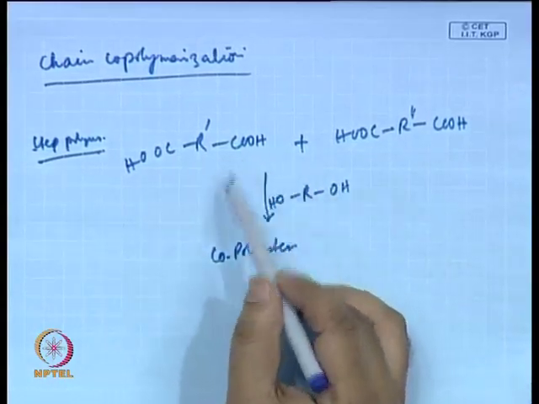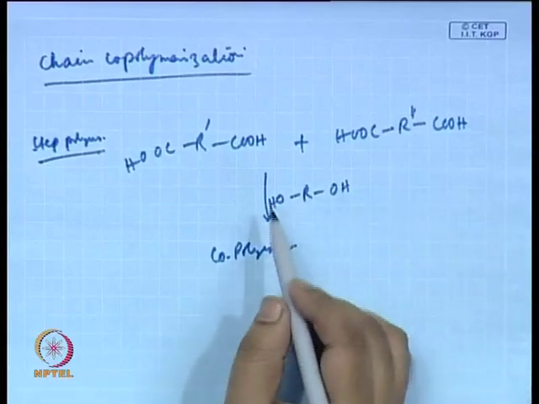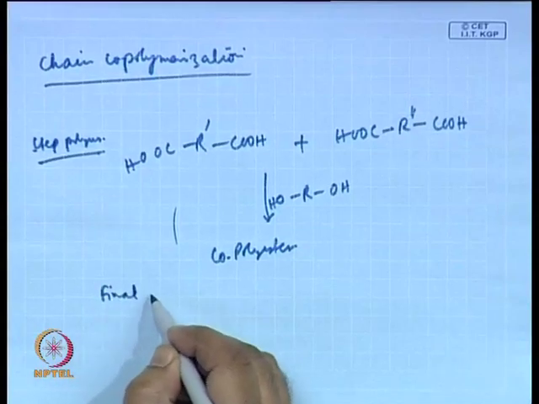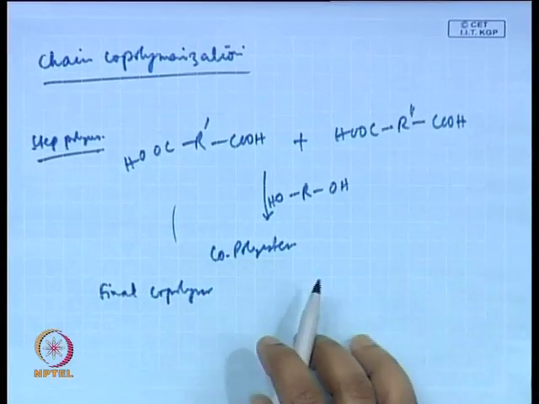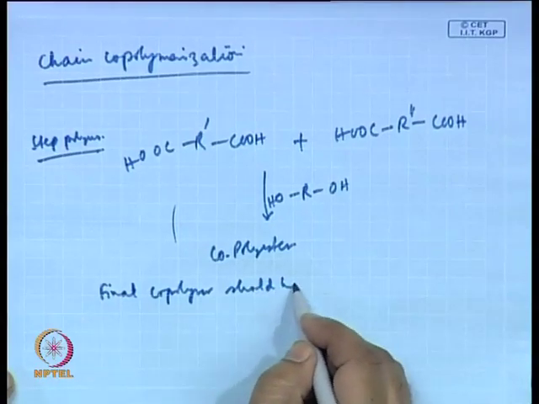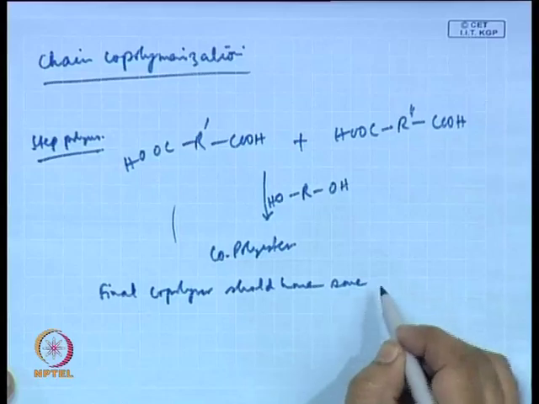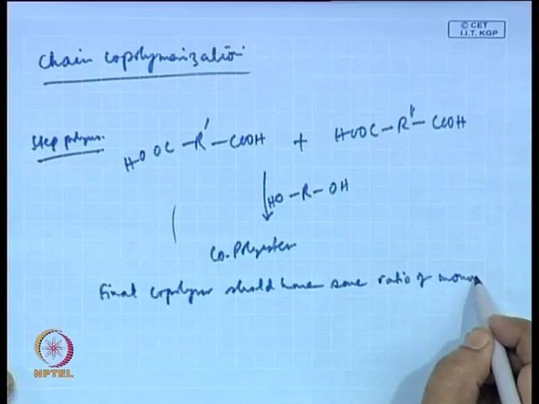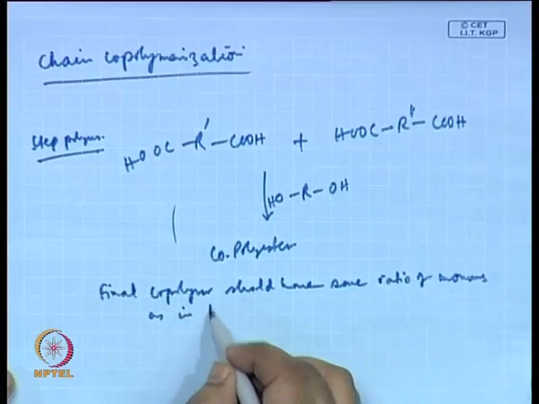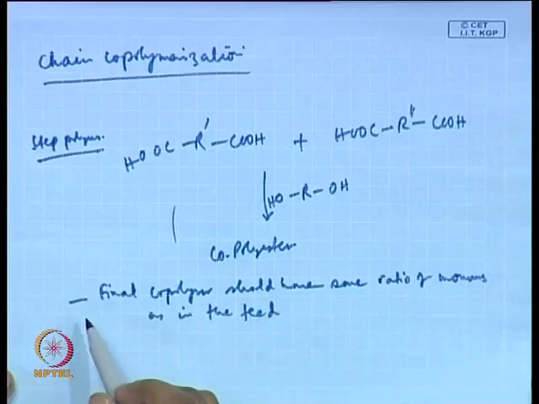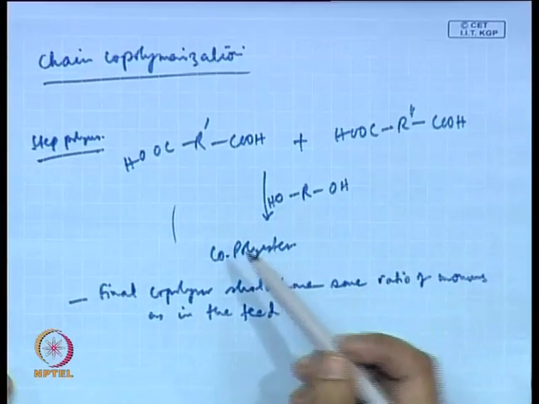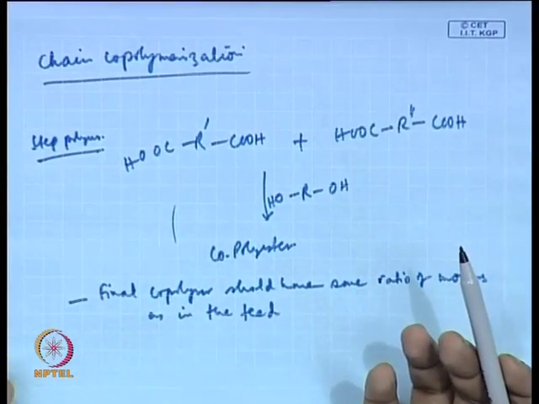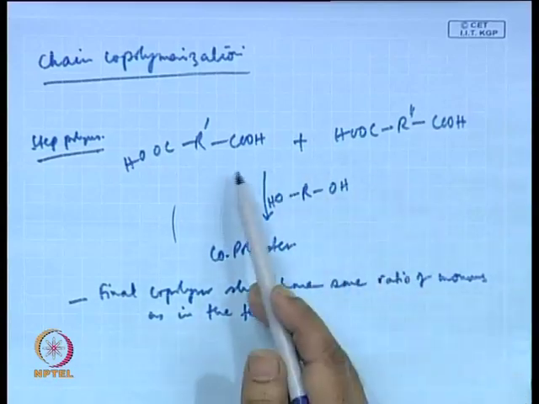Now, as you can anticipate, in the case of step copolymers, the final copolymer should have the same ratio of the monomers as in the feed, because as we know, to make a high molecular weight polymer in step polymerization, the conversion has to be close to 100%, and if the conversion is 100%, all the monomers are in the polymer.